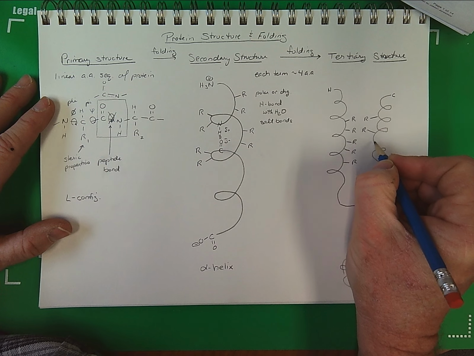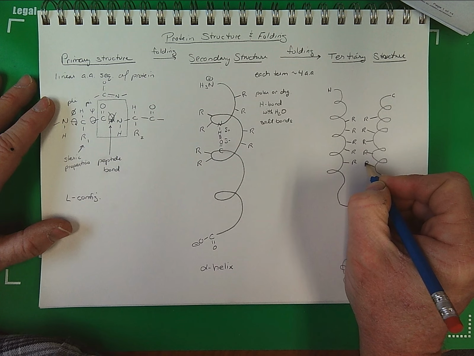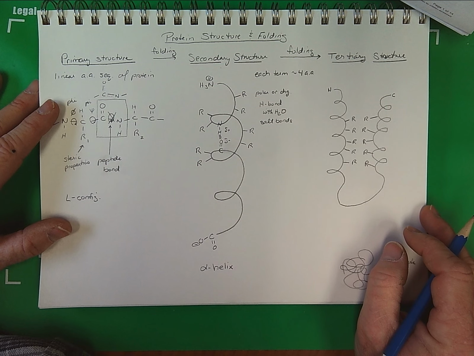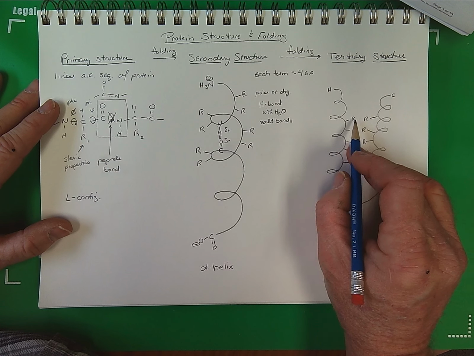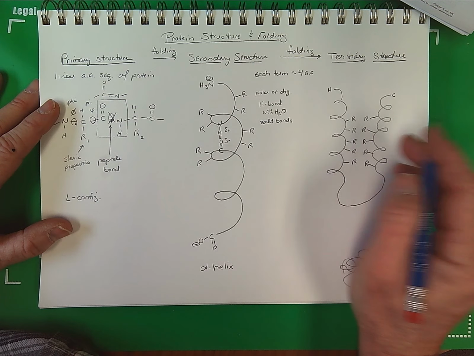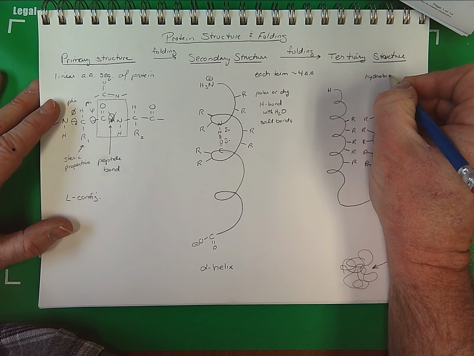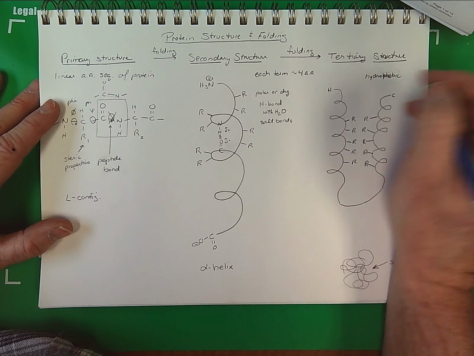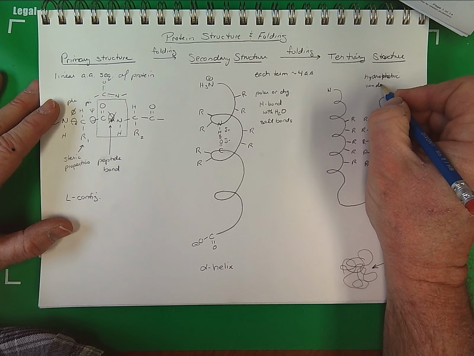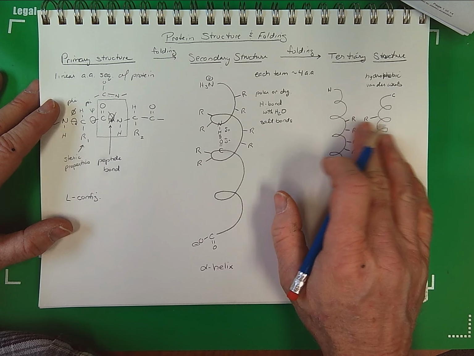Now picture these R chains forming bonds. If they are hydrophobic, two opposing hydrophobic groups will interact by hydrophobic forces. Also van der Waals forces contribute to this bonding.